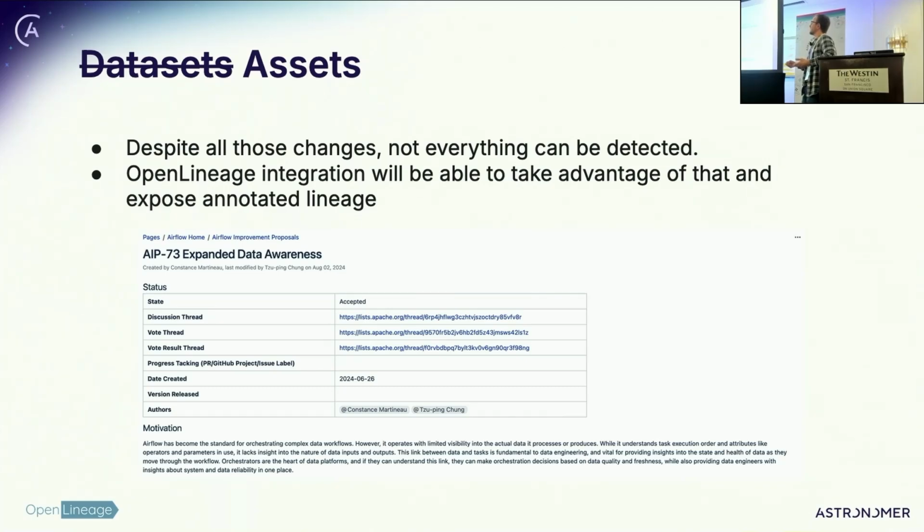Basically, we want to take advantage of the assets that are annotated by this mechanism. So if you define your data-aware scheduling, you can use it for this. You will also get the whole package, which is lineage in our case.